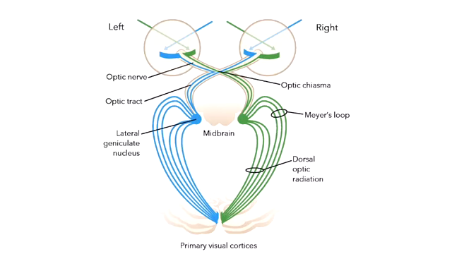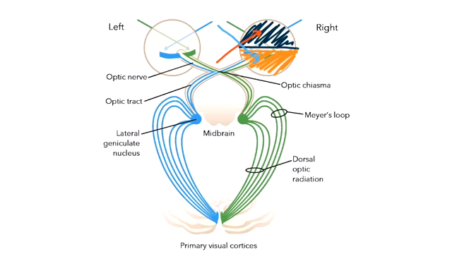So to summarize, if we are looking at the back half of the retina, you can see that the top half, we'll just fill it in here, is responsible for the lower field of vision, because the lower field of vision will reach the top half of the retina. And then the bottom half of the retina, we'll just fill it in this color, is responsible for the upper field of vision.